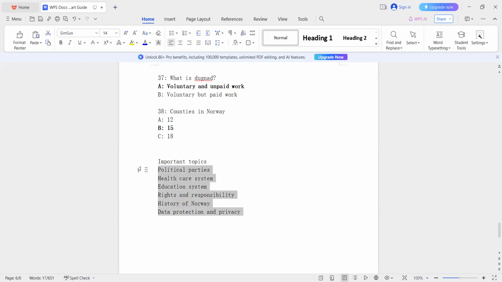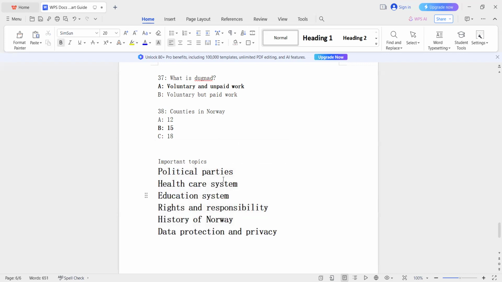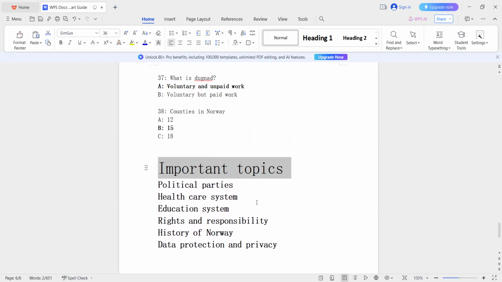These are some important topics which you can read by yourself if you need some extra information. You can read these topics briefly by yourself on the internet.